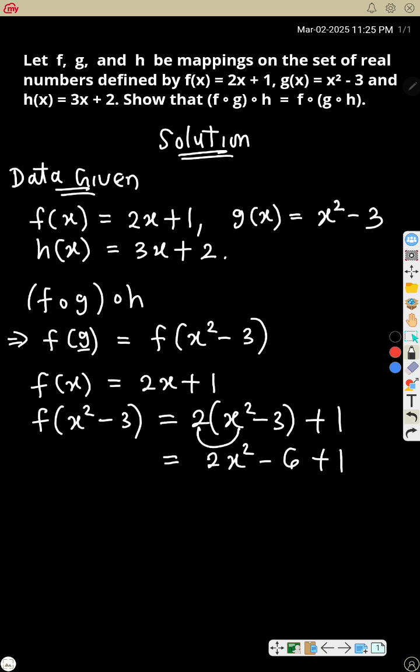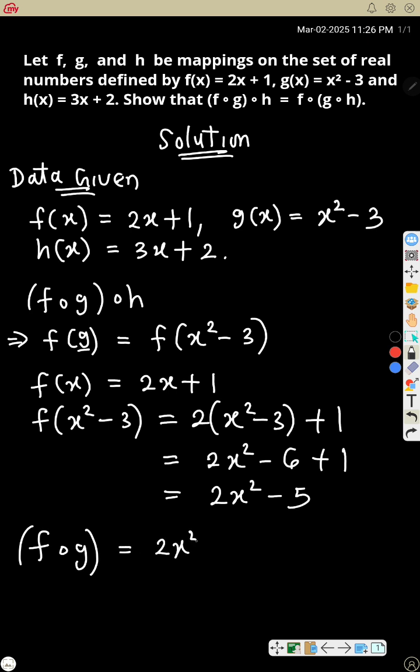This 2 will open the bracket: 2 times x squared, 2x squared, 2 times 3, 6. So this will be 2x squared minus 5, because minus 6 plus 1 is minus 5. So with this we have found f of g, which is 2x squared minus 5.